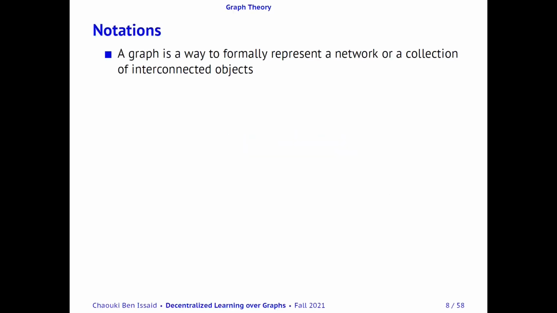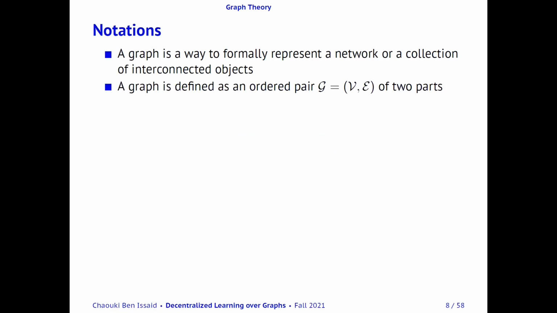A graph is a way to formally represent a network of connected objects. In terms of notation, a graph is an ordered pair of two parts. V, the set of agents or vertices.